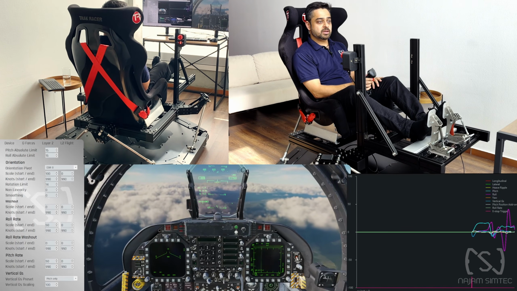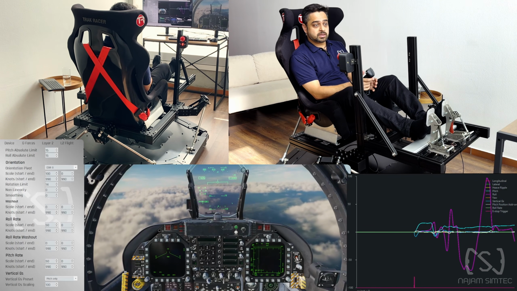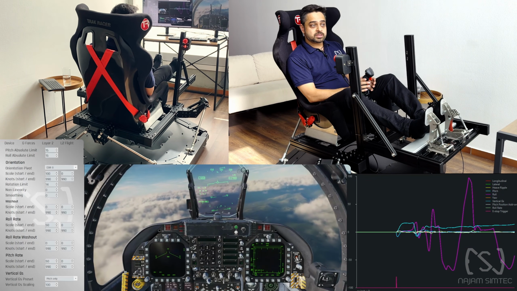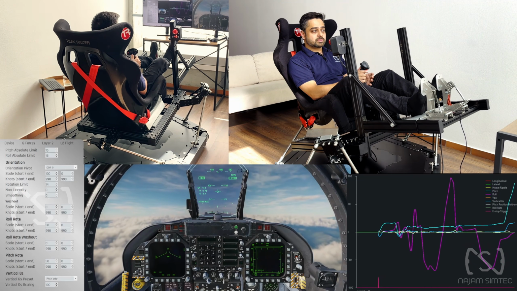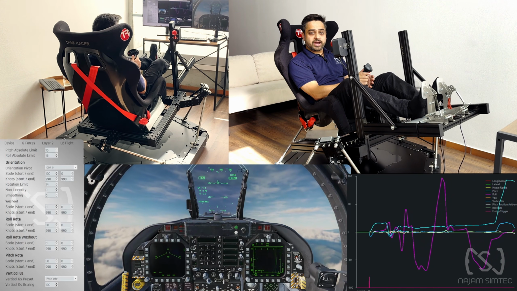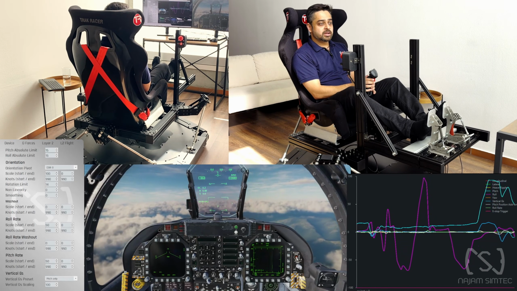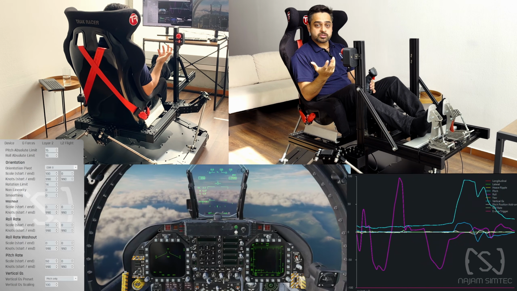And now you can see, motion is super responsive, and it's actually running into saturation quite early. Even if I go to pitch, after I do a 15-degree pitch, I have absolutely no effect, I run into motion saturation.